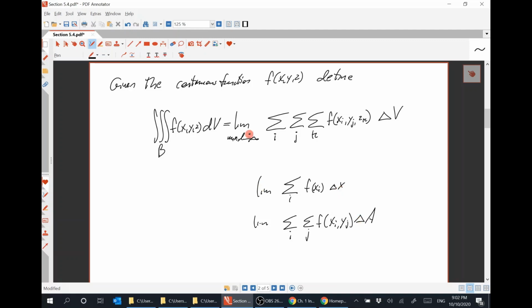And here it's the limit of the triple sum of f of x, y, z, delta V. Right? So you pick a sample point within these little boxes. So I'm picking the upper left-hand front point. So within each little sub-box, my sample point is the one right here.